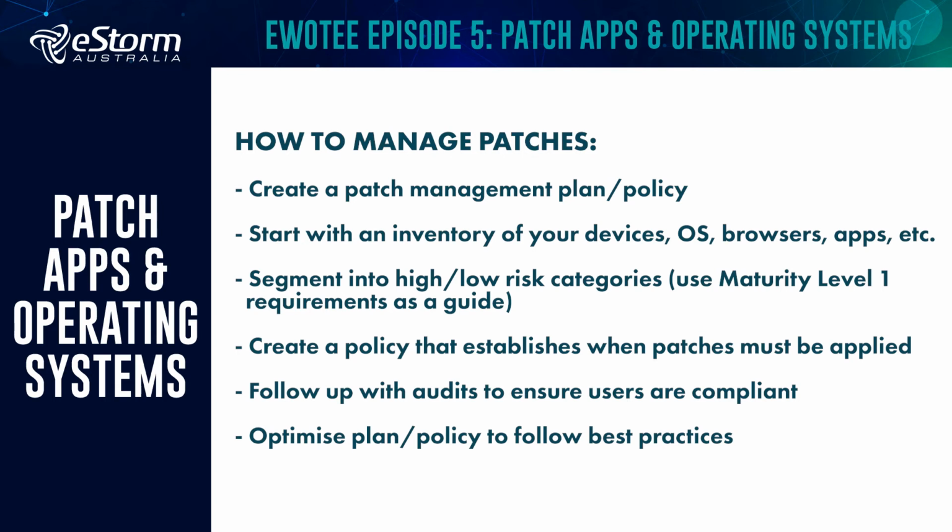Once you've done this, create a policy that establishes which applications will be patched and when, and under what conditions. For example, someone with admin privileges may need to patch applications automatically, while standard user accounts are offered a more flexible time frame. Another example is setting a 24 to 48 hour time frame for operating system updates, but allowing a 1 to 2 week time frame for browser or non-critical updates.